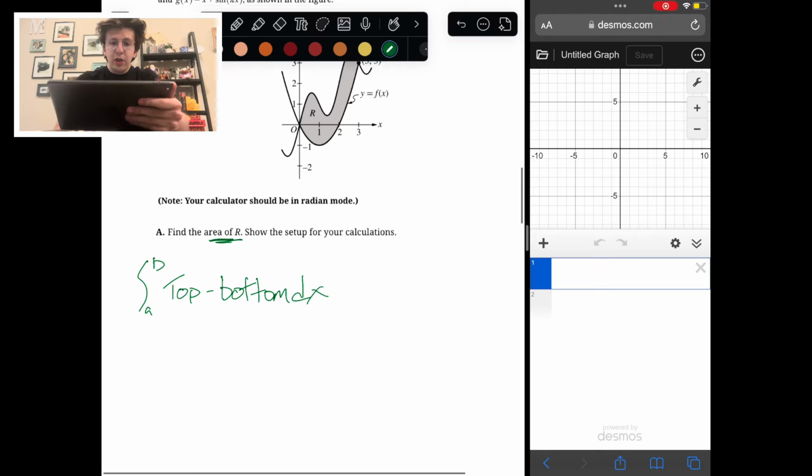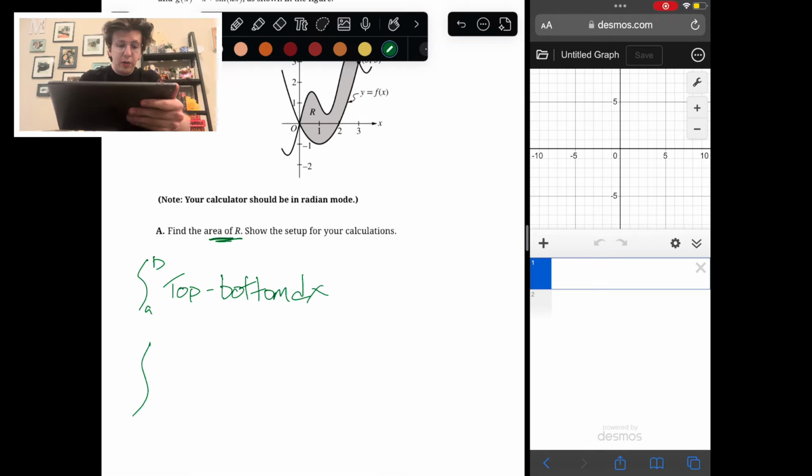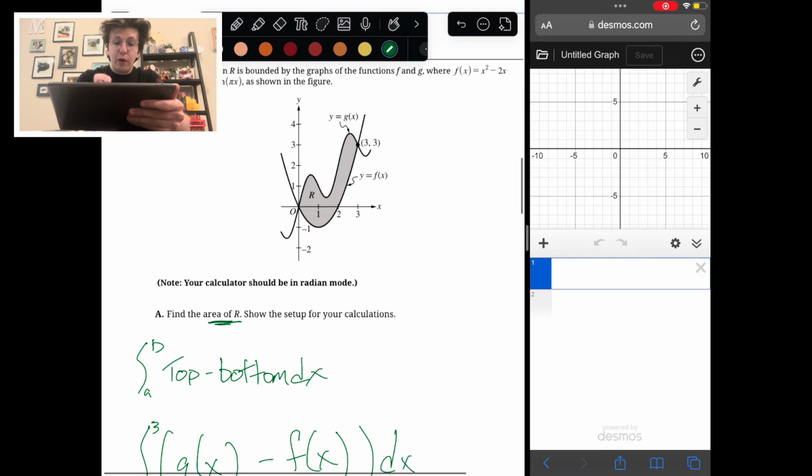Our top function is g of x, so I'm going to have the integral of g of x minus our bottom function, which is f of x, dx. My bounds in this case are going to be from 0 to 3, because that is where our region starts x-wise, at 0, and our region ends at 3.